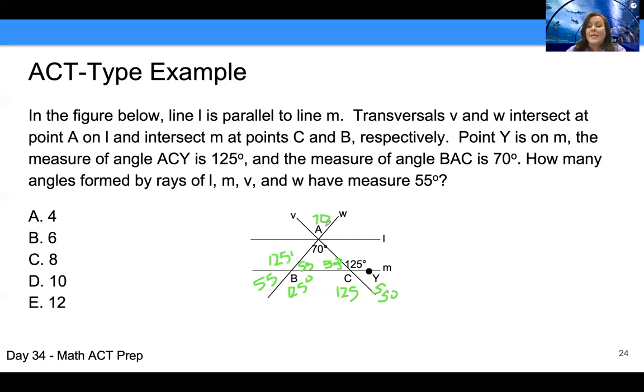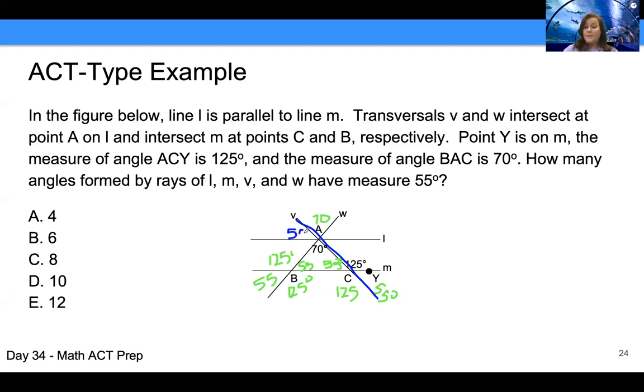And now you're probably going, oh, how do I do these? Well, I want you to just look at lines L and M, and just look at transversal F. So 55 here is going to be corresponding to this one.